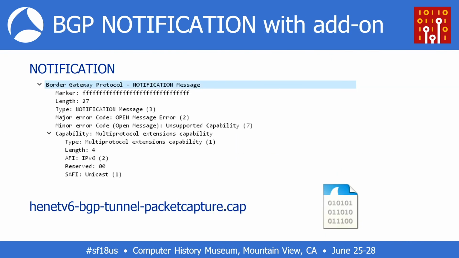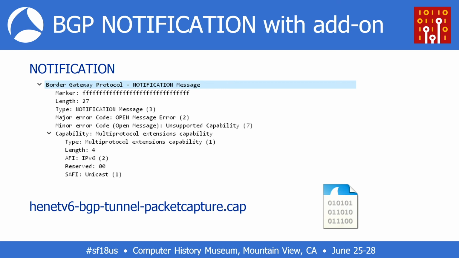So here we have a notification. There's a capture file I shared with you, available on the internet also. Have a look at this trace file. What does the notification tell you? The thing is, you have the major error code and the minor error code.